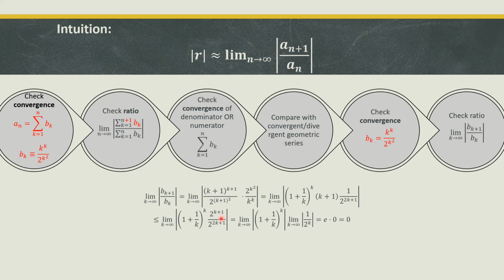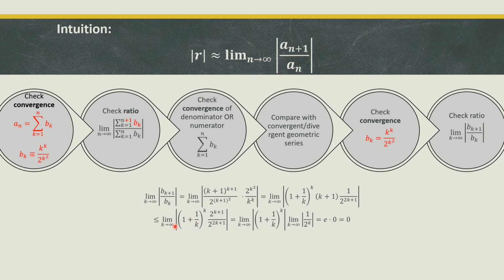But it's quite easy to convince yourself that for k greater than or equal to 0, k plus 1 is less than or equal to 2 raised to the k plus 1. Now take a moment to convince yourself of that, and when you're convinced, then let's do this operation here.